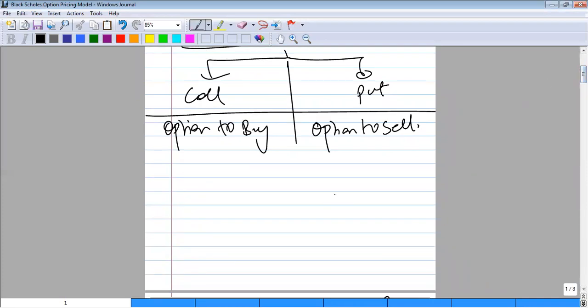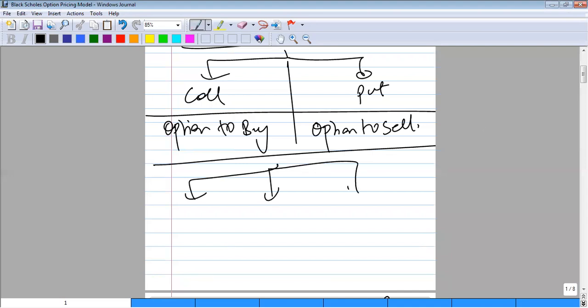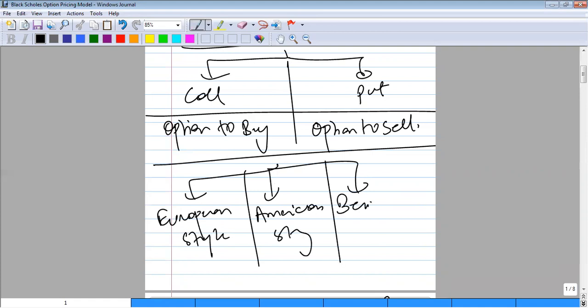The options can be classified into various categories. They could be European style options, American style options, or Bermudan style options. Let's have a quick discussion about these three types.